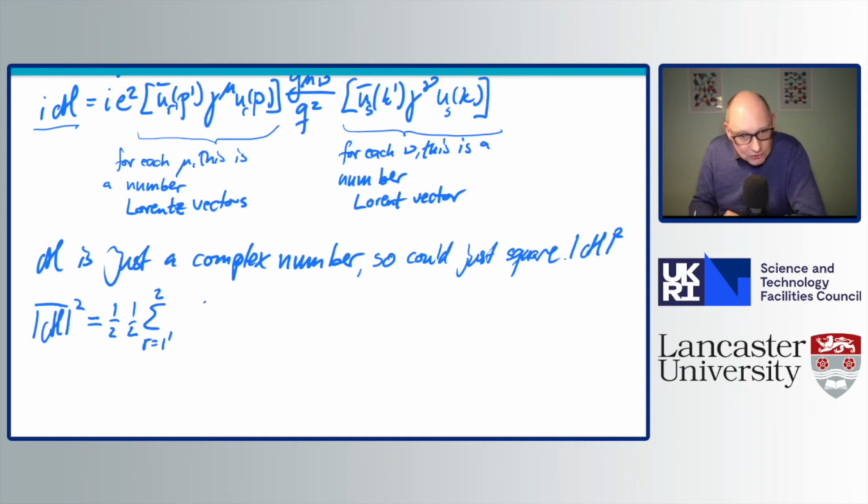and sum over the spin for the incoming particle, r prime, and sum over the two spin states of the incoming muon, and sum over the states of the outgoing electron and outgoing muon.